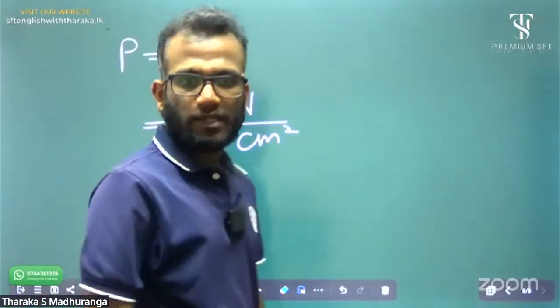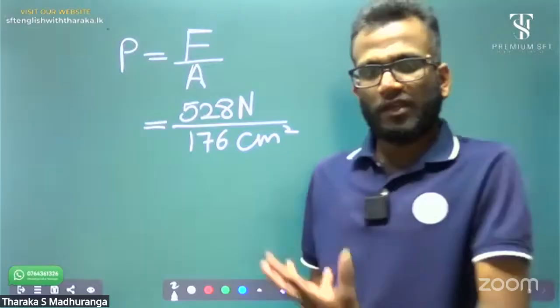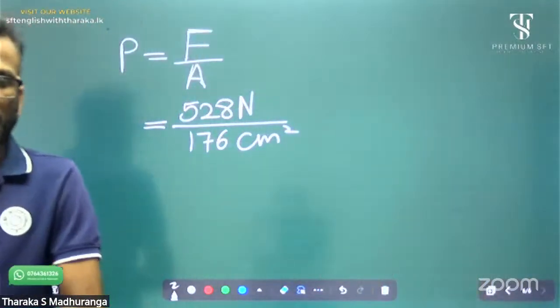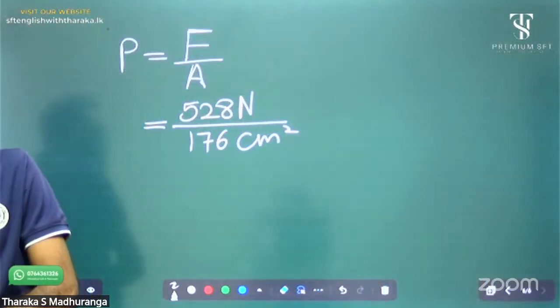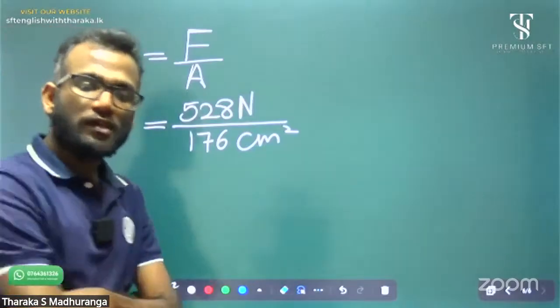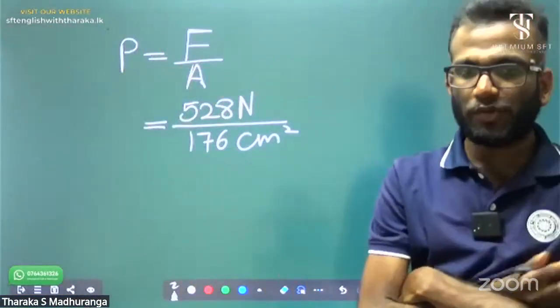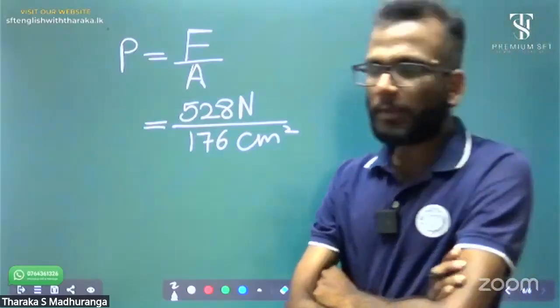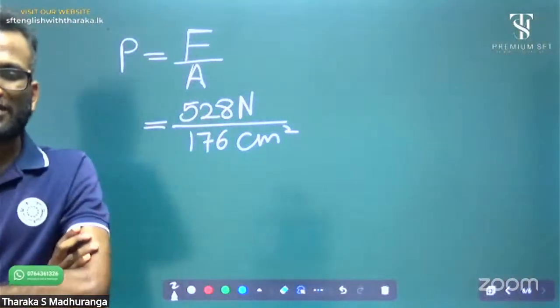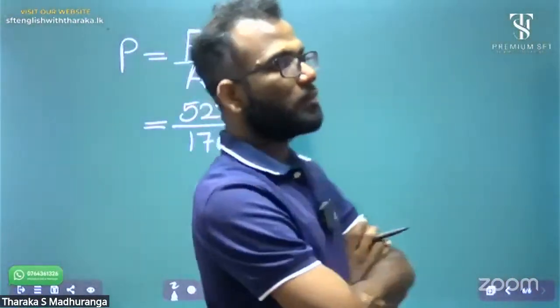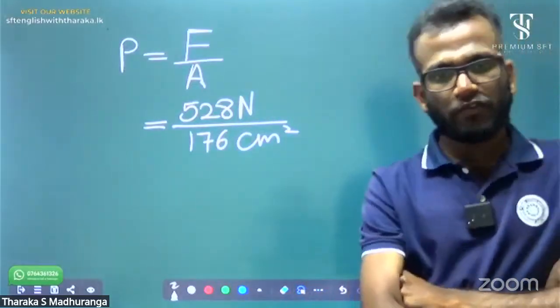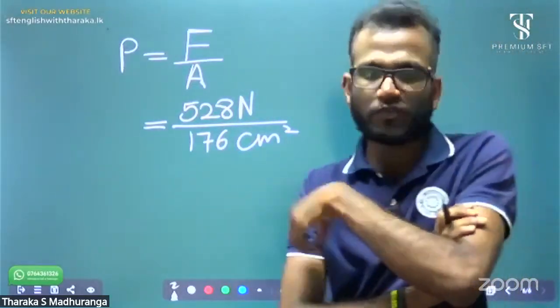Is it correct? Can we use the surface area in square centimeters? No, it is not the standard unit. Do you remember how we can convert square centimeters into square meters? The square meter is the standard unit.